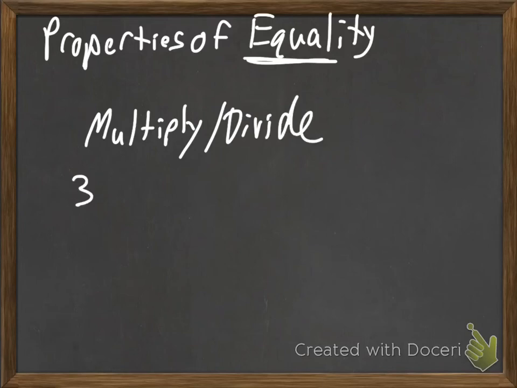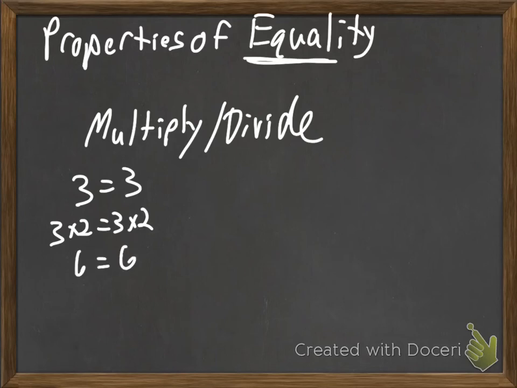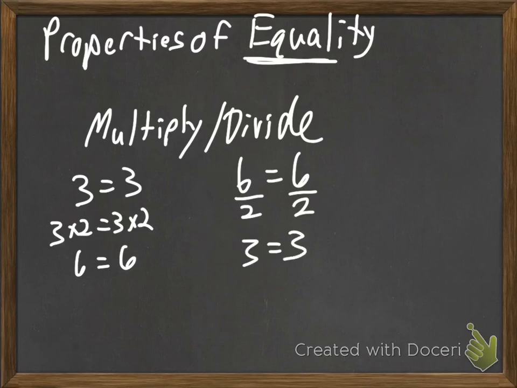If we have 3 equals 3 and we want to multiply by 2 on each side, nothing really changes. Same thing if we have 6 equals 6 and we want to divide by 2, nothing changes. So our preservation of the equal sign is still there. Nothing changes that equality.